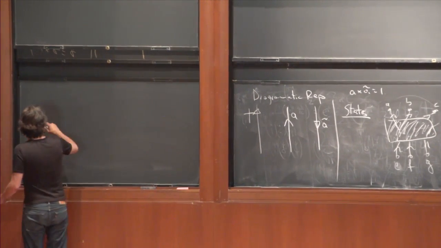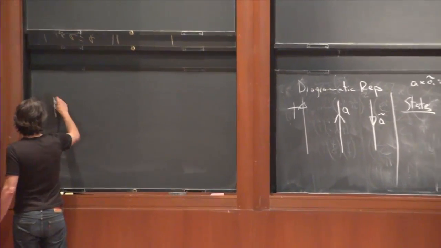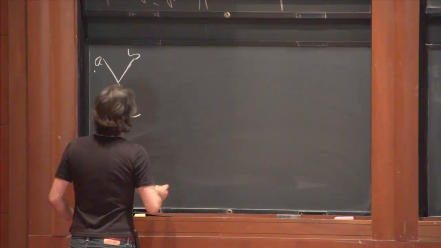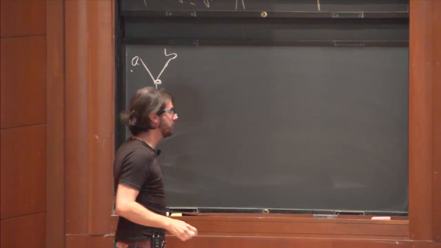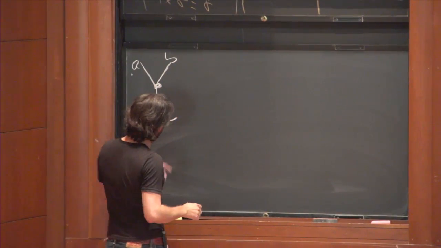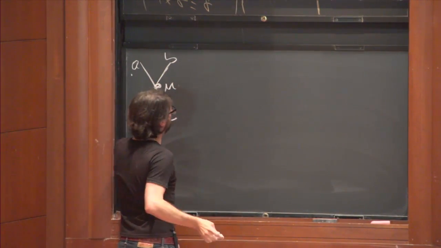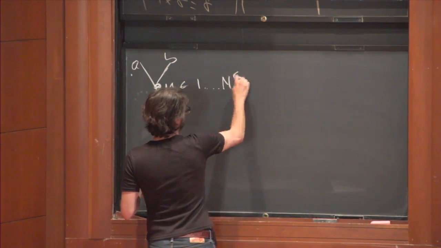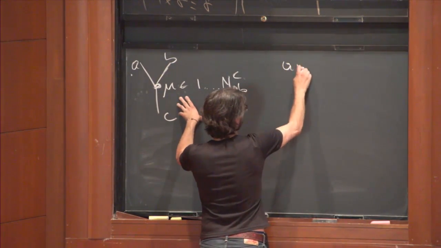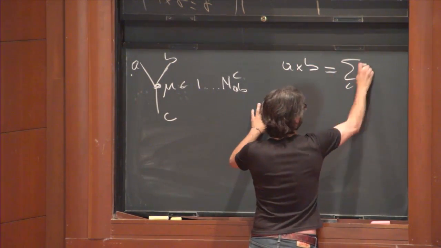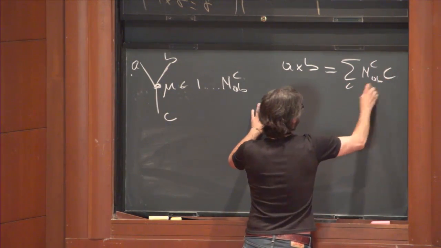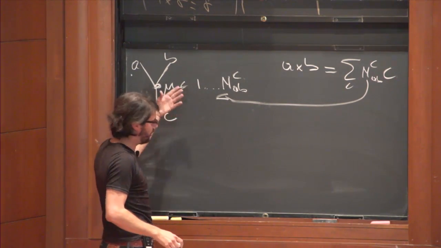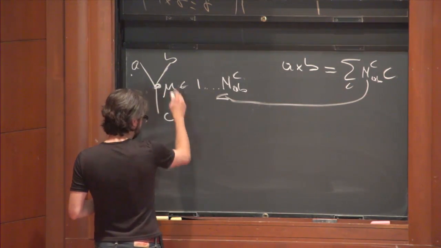So let's define two fundamental Hilbert spaces, and this is the splitting, where particle C splits into particle A and B. Here I'm going to have an index mu, which goes between 1 and the number of ways that this particle can split. So remember, I had A and B go into the sum over C of N_AB^C. This is just telling you the number of ways that particle C can split into particle A and B.